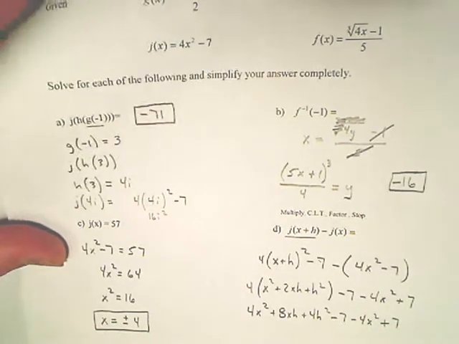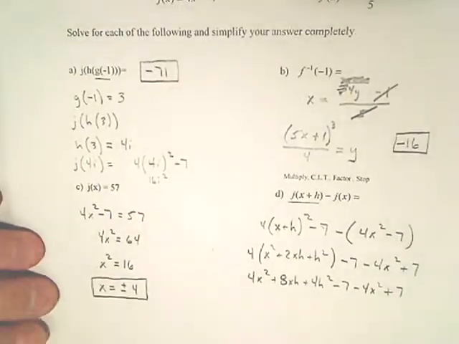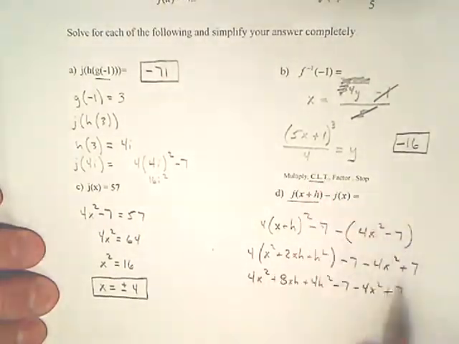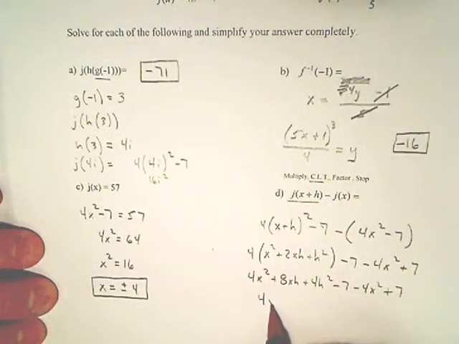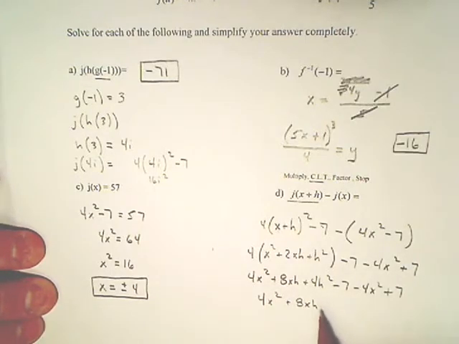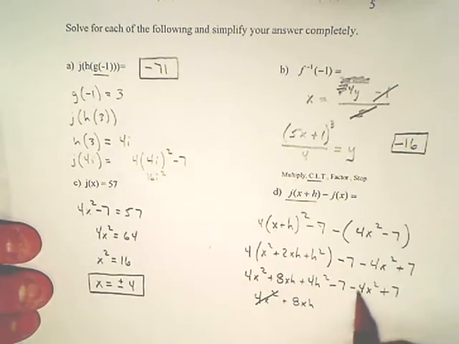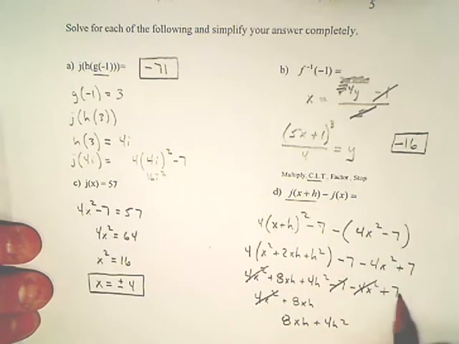So that's the multiply part. Now I'm going to combine like terms. And you'll notice that the 4x squareds cancel, which I didn't need to write, so I should have just started with the 8xh plus 4h squared, and these 7's go away.